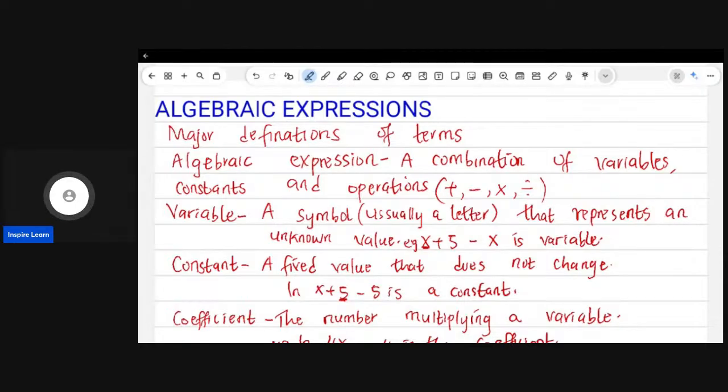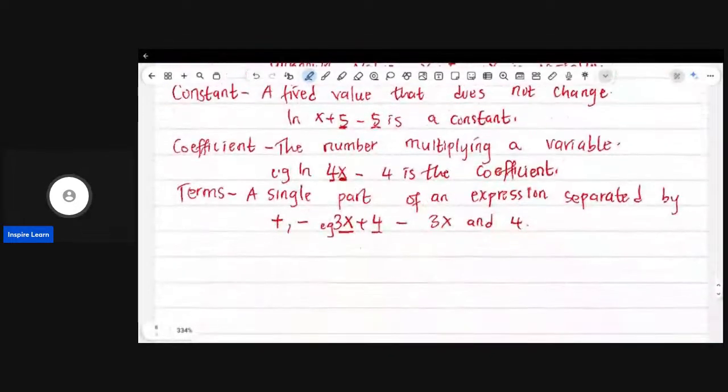And then a variable is a symbol, usually a letter, that represents an unknown value. For example, when we have x plus 5, x is the variable. Then what is a constant? We said that a constant is a fixed value that does not change. For example, in x plus 5, 5 is a constant.